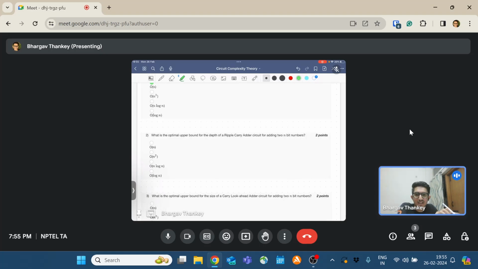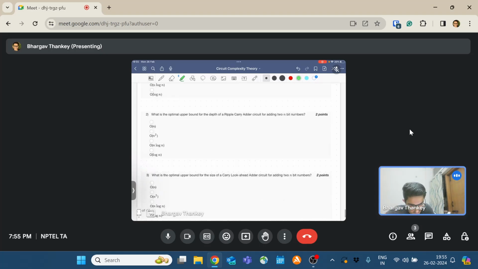Let's say we had something like this, right? Let's say we had an to a0 plus bn to b0. And to compute an, we first had to compute the sum of a0, b0, look at the carry, a1, b1, look at the carry, and so on, right? Yes. So the depth is just order n, right?